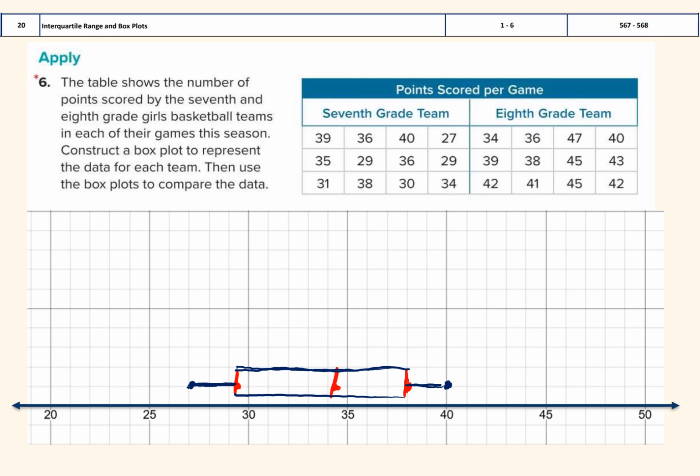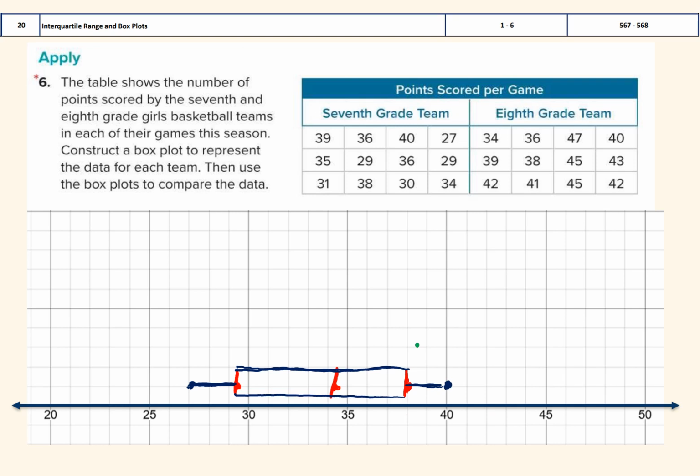So I'll be working here because I don't want my boxes to overlap or to cross. So Q1 for the 8th grade team is 38.5. It is somewhere here between 38 and 39. Okay, so this is Q1.